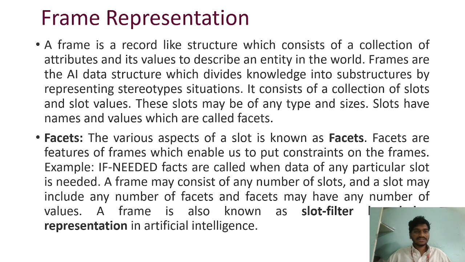So there may exist different types of values in frame representation and facets. The various aspects of a slot are known as facets. Facets are features of frames which enable us to put constraints on the frames. For example, if-needed facets are called when data of any particular slot is needed. A frame may consist of any number of slots, and a slot may include any number of facets, and facets may have any number of values.